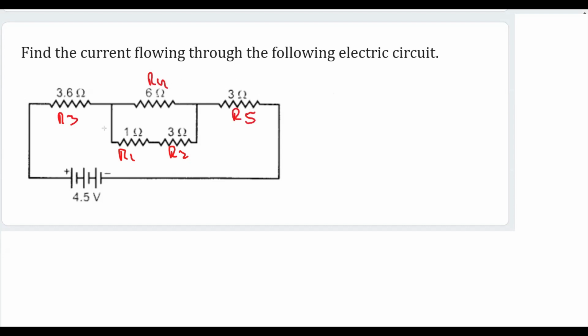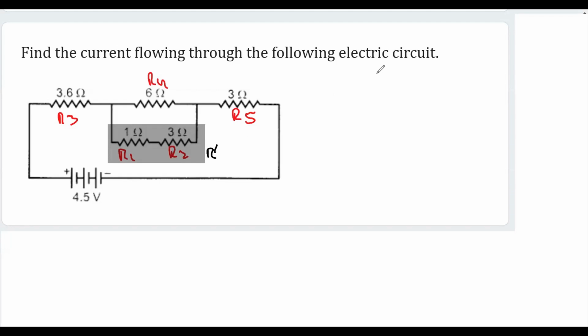First, I'll go for these two resistors. You can figure out that they are connected in series, end to end. And the reason, as usual, is that on removing any one of them, the current stops flowing in the other resistor.